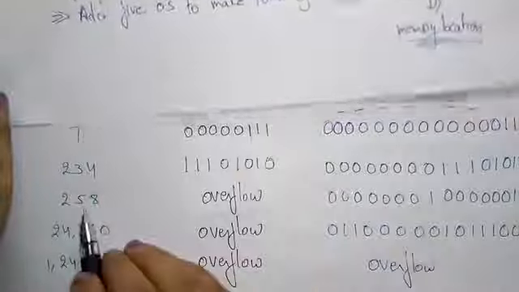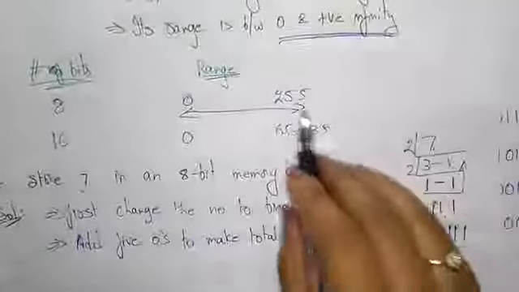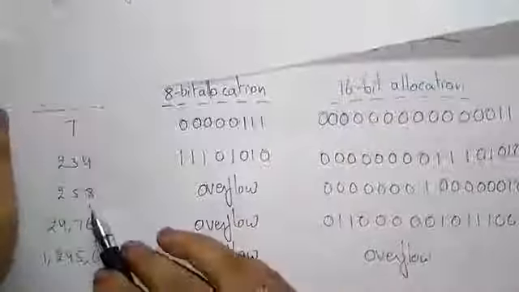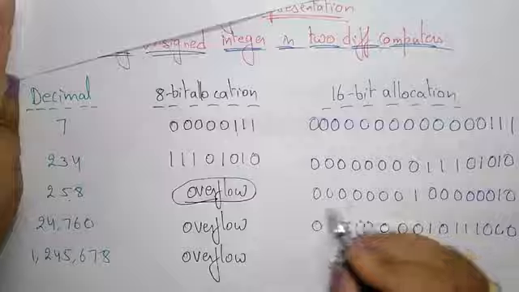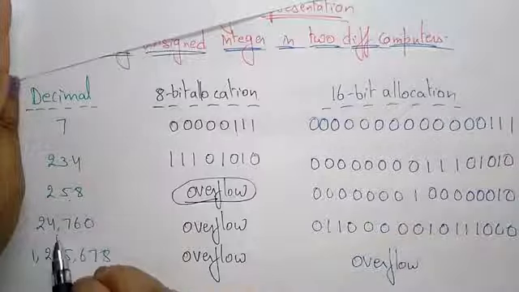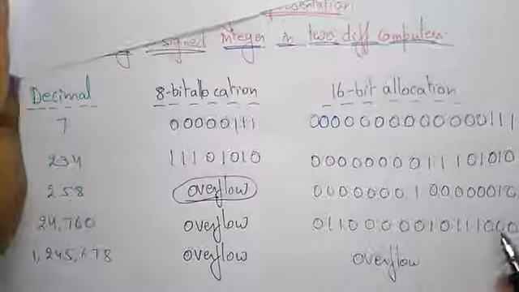But here the value 258 exceeds the range, which is only up to 255. That's why the 8-bit location overflows, but 16-bit is okay. And this one is also overflow in 8-bit, and this is 16-bit.